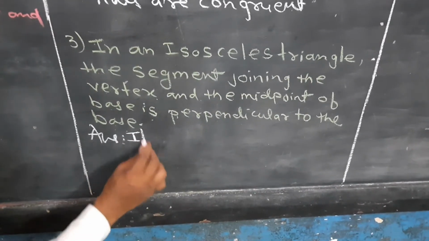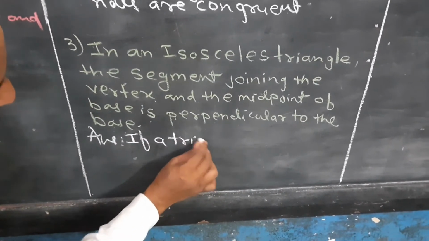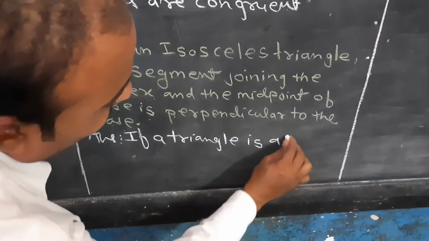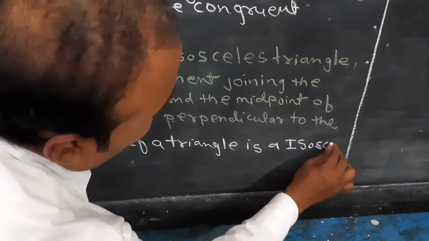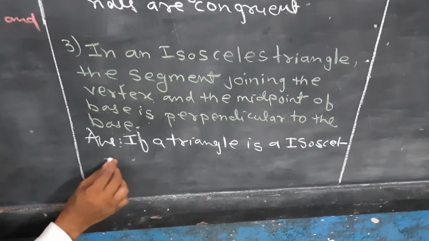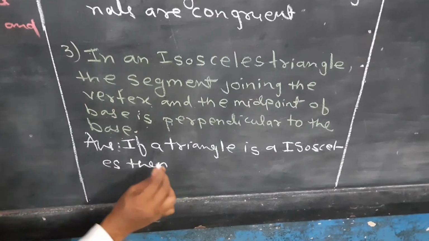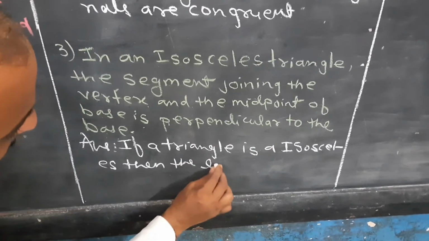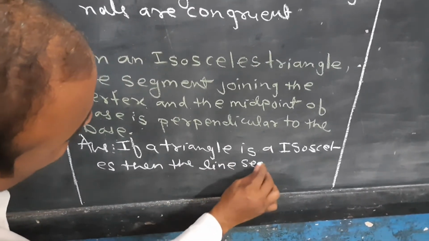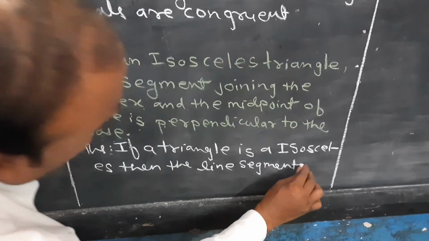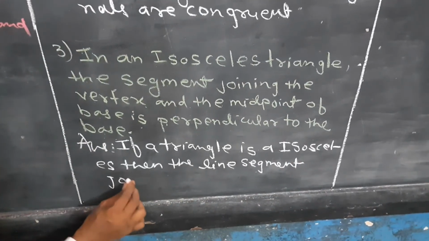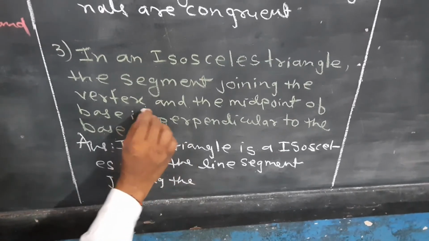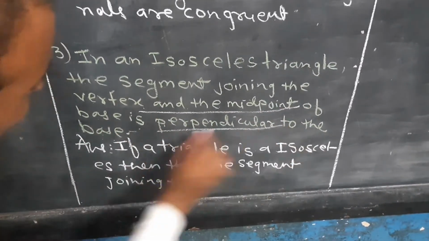You can write it this way: if a triangle is isosceles, then the line segment joining the vertex, and from here onward you can write as it is given in your question.